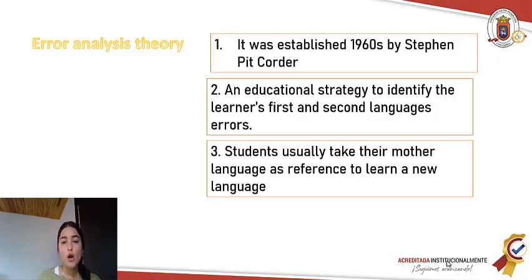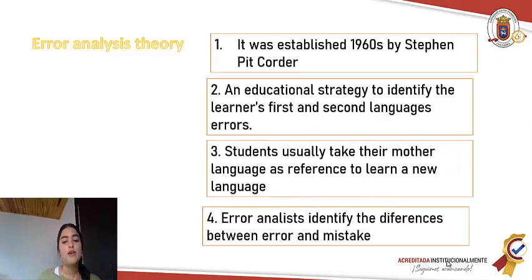And also, this theory points out that students usually take their mother language as a reference, or usually take their mother language rules, to learn a new language. And finally, error analysis identifies the differences between an error, which is systematic, and a mistake.